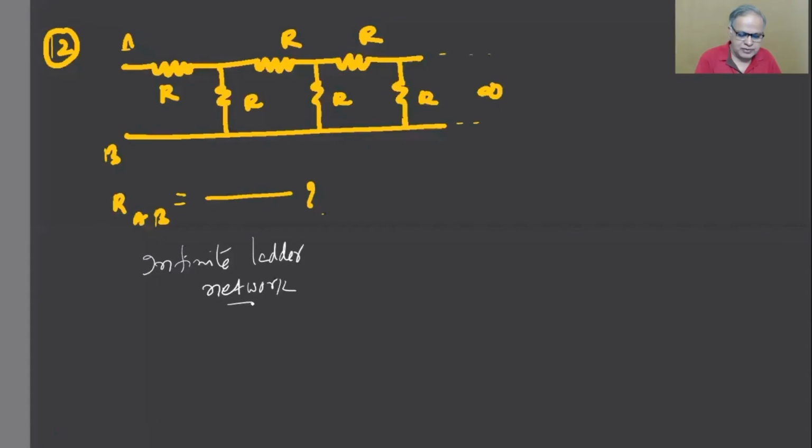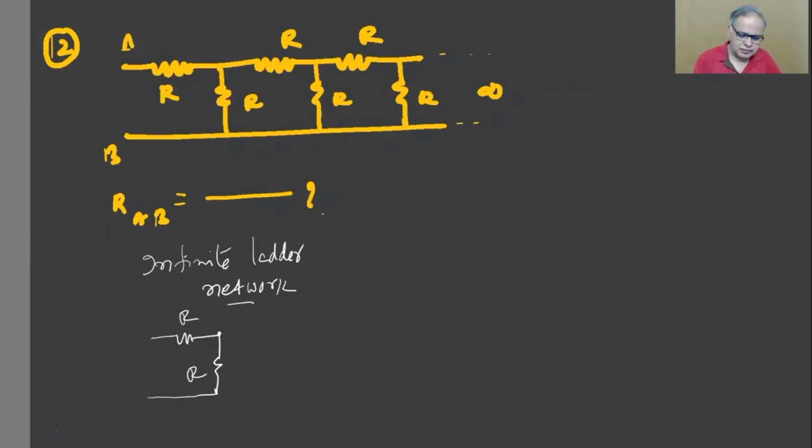This is the one which is getting repeated. You can call it a unit cell if you want. The minimum configuration there is that. So this is going on repeating.